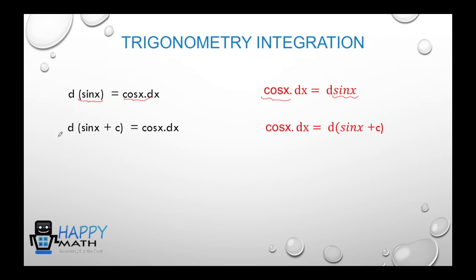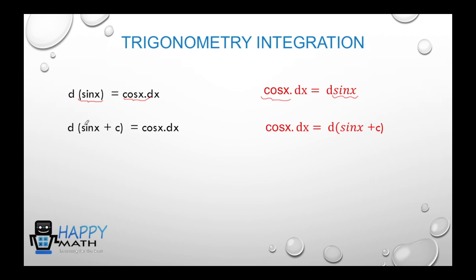So cos x becomes sine x. When you add or subtract any constant number with the sine x, the derivative of the constant number is equal to 0. That's why the derivative of sine x plus c, where c stands for a constant number, becomes cos x times dx. And of course, the inverse way of the derivative is the integration.